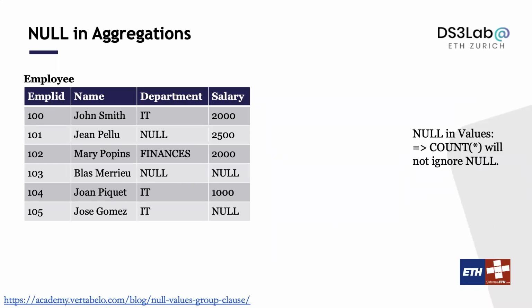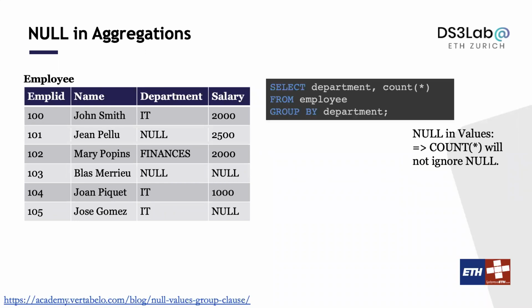Whenever you have count star, this will not ignore the null. Here, essentially, I'm trying to count how many examples are there in the group. So let's go to this example. Here, I group by department again, and for each group, I count star.